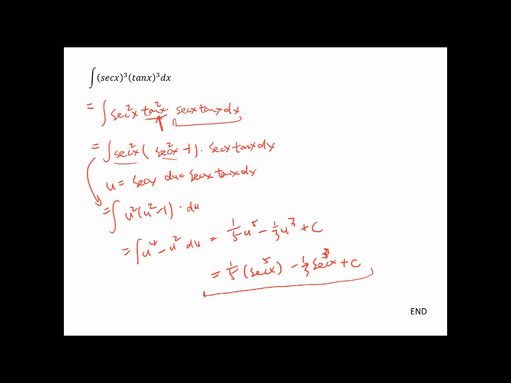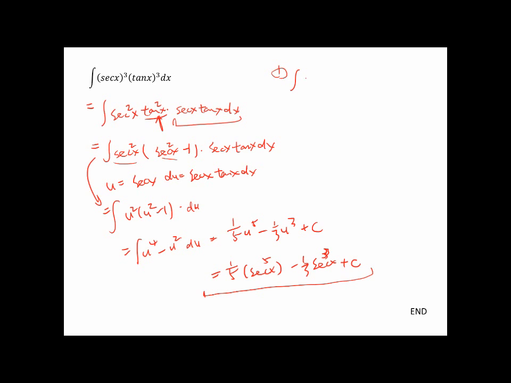I want to give a brief summary for this video. We did two problem types, and all the problems fall into one of these types. The method is pretty fixed.